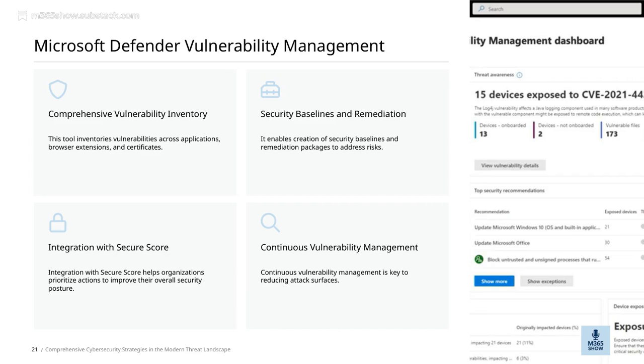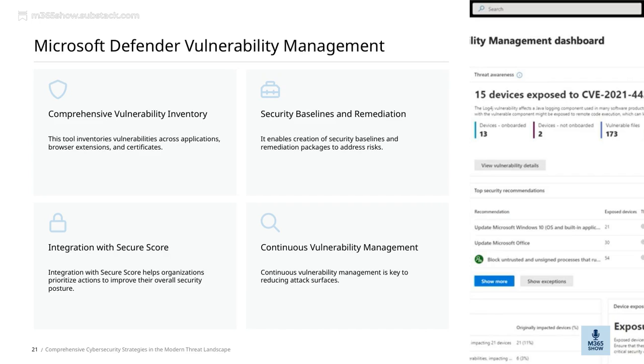By integrating with Secure Score, organizations can better prioritize actions based on their current security posture. This means we're not just reacting to vulnerabilities, but actively working to improve overall security by focusing on what matters most. Another important aspect is the ability to create security baselines and remediation packages. This allows us to establish standards for security and efficiently address risks across our systems.